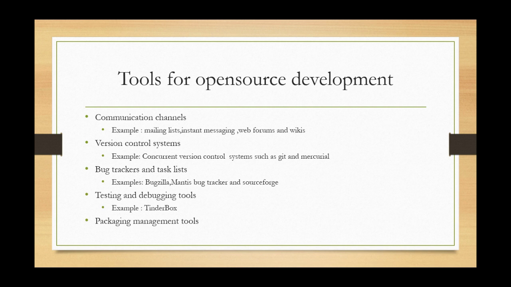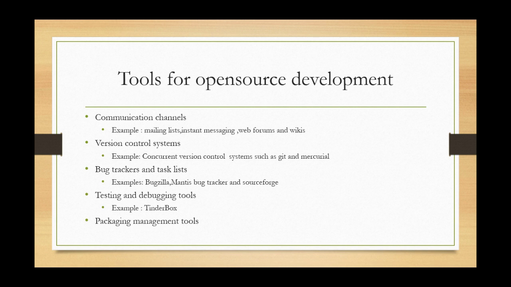Another important tool in open source development, and this is very important, is the version control system. In open source software development, participants who are mostly volunteers are normally distributed among different geographical regions. So there is a need to have a tool to aid these participants to collaborate in the development of source code.